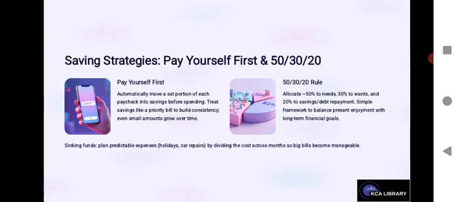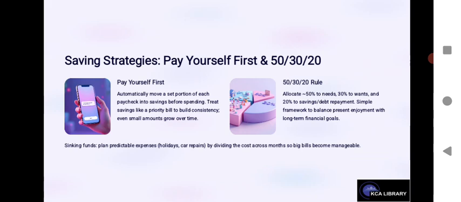Let's quickly look at saving strategies for a stronger future. One of them is pay yourself first. Pay yourself first simply means prioritizing savings. When money comes into your hand, the first thing that should ring in your mind is to save. We call it pay yourself first. You automatically move a set portion of each paycheck into savings before spending.